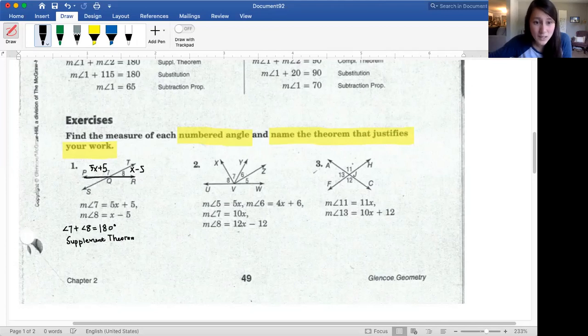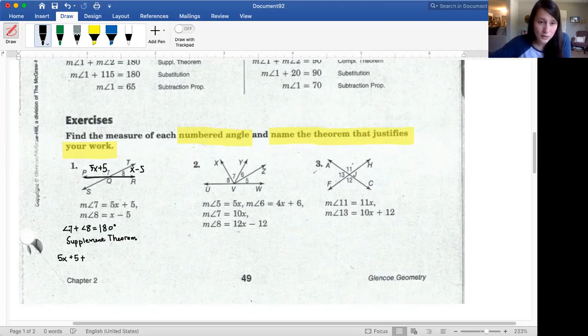And now we have to work it out because we actually have to find the measurement for each angle. So what I'm going to do is I'm going to replace angle 7 with 5x plus 5, because 5x plus 5 is basically the equivalent, the measurement for angle 7. And I'm going to replace angle 8 with x minus 5.